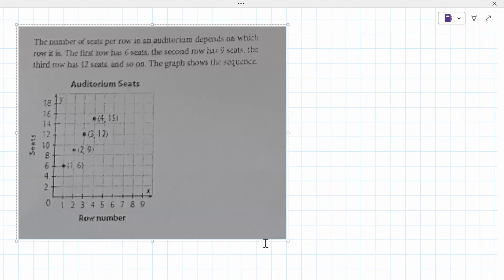F of n equals 3 plus 3n. Good. Very good.